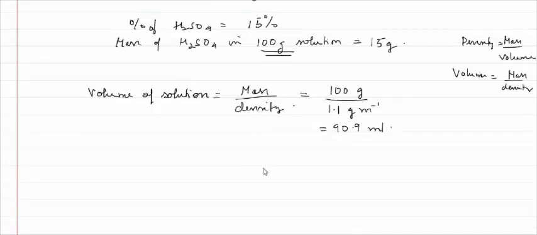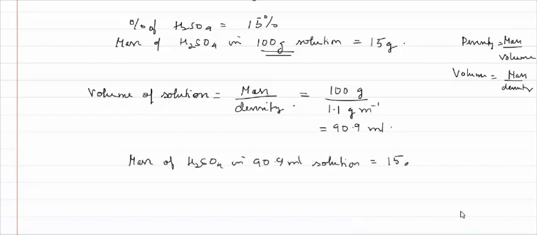So if you take 90.9 ml of the solution, it will contain 15 grams of sulfuric acid. So instead of writing 100 gram of solution, we can write 90.9 ml of solution. So mass of sulfuric acid in 90.9 ml is equal to 15 grams.